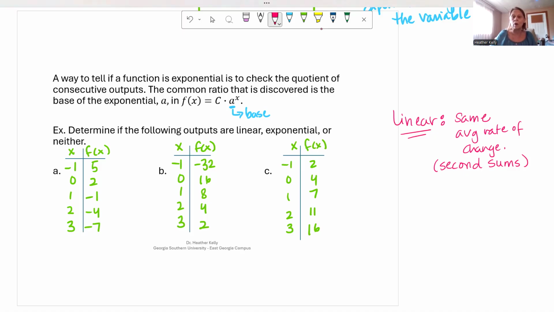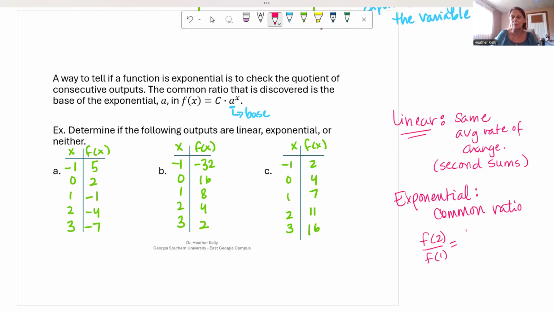Okay. Now for exponential, functions have a common ratio. And what that means is we need to check f of 2 divided by f of 1.